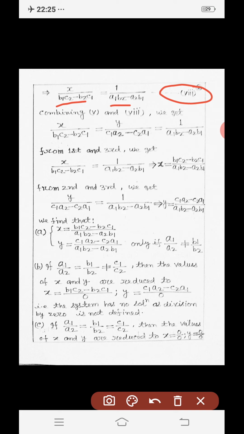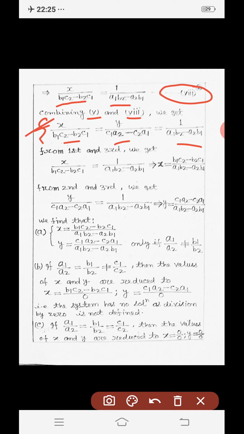Dear students, combining equation number 5 and equation number 8, we get x by (b1 c2 minus b2 c1) equal to y by (c1 a2 minus c2 a1) equal to 1 by (a1 b2 minus a2 b1).